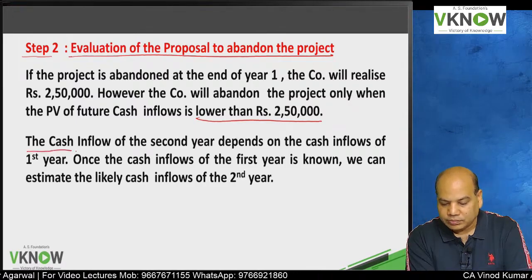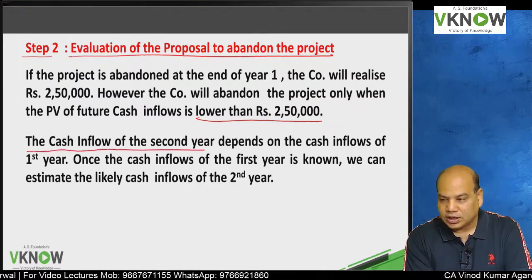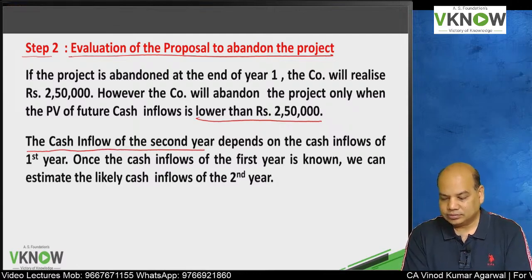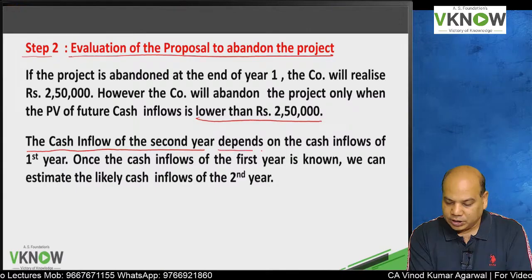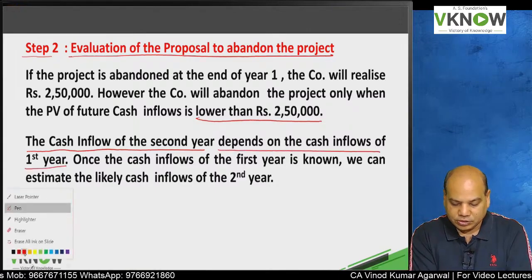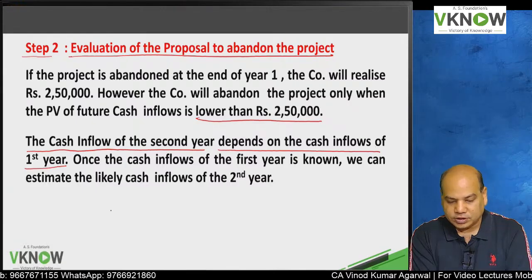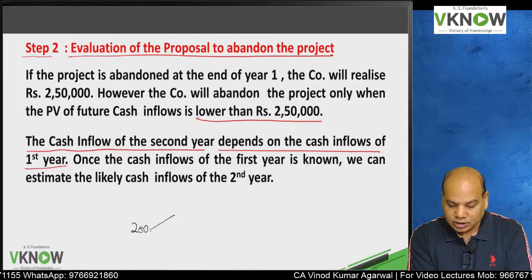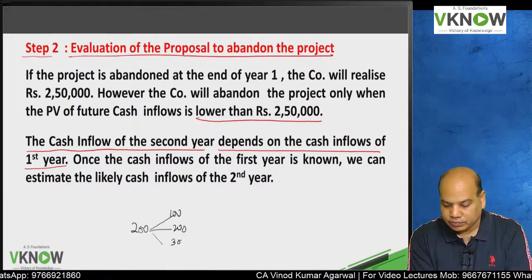Second note, write down: the cash inflow of the second year depends on the cash inflow of the first year. Because if the first year is 200, the second year would be 100, 200, 300 only.